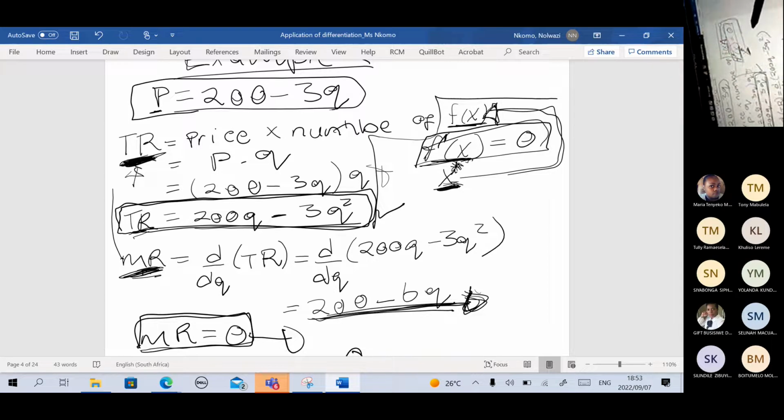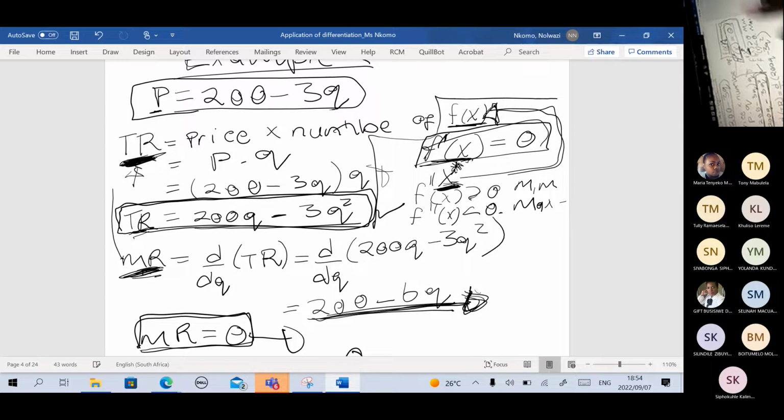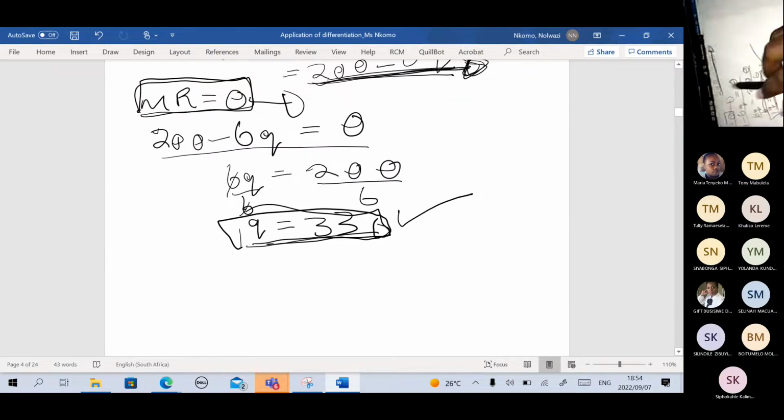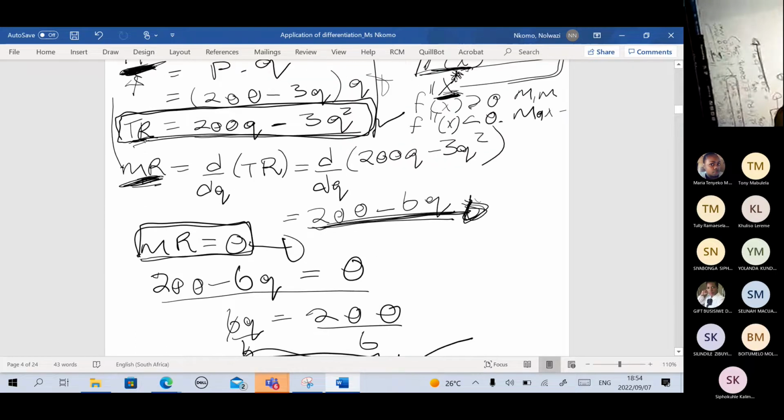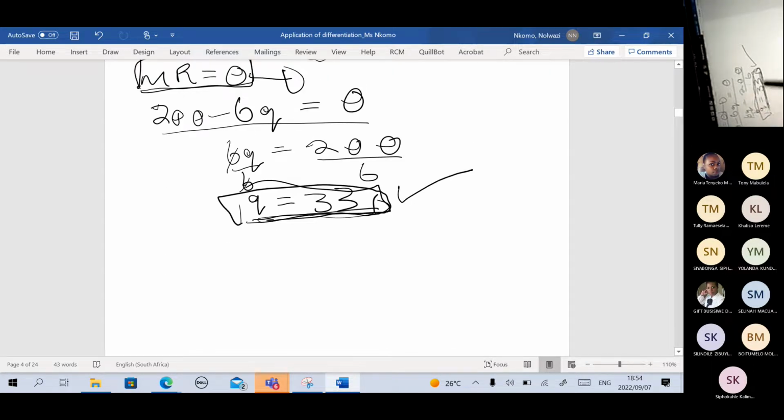Okay, remember, for the nature of the turning point, if f double prime, which is the second derivative of x, is greater than 0, then x is the minimum point, right? And if the second derivative of x is less than 0, then x is the maximum point, right? So this means we need to find the second derivative of the total revenue, and we substitute this Q. Yeah?